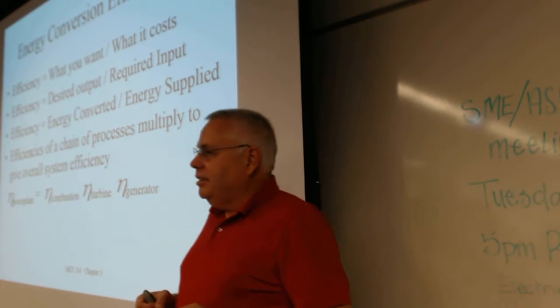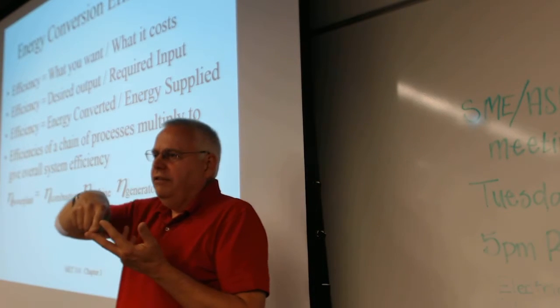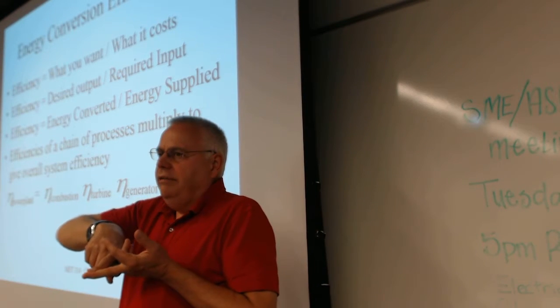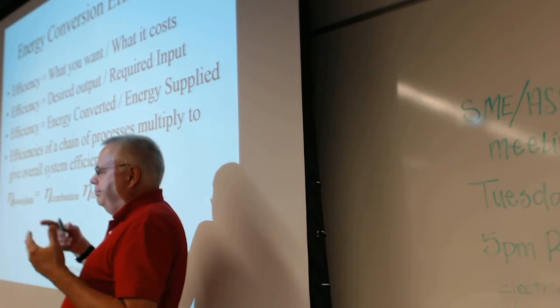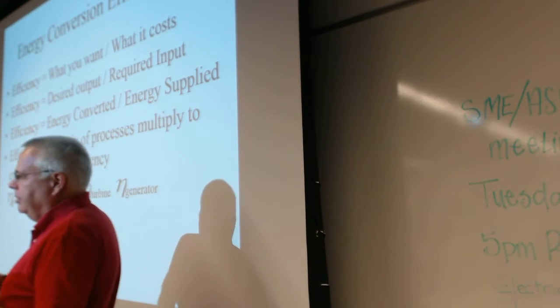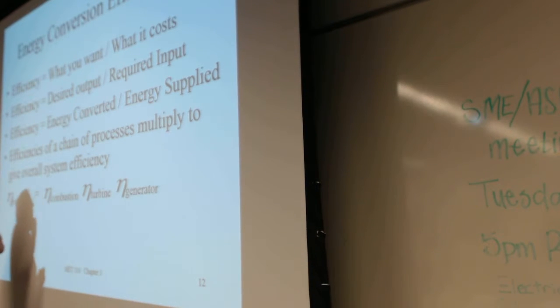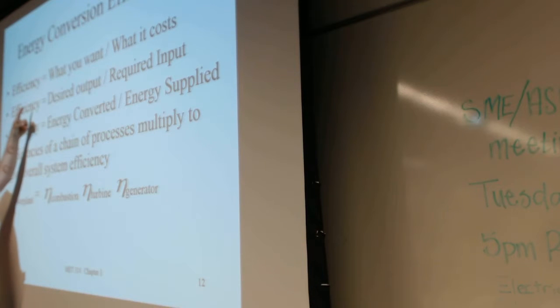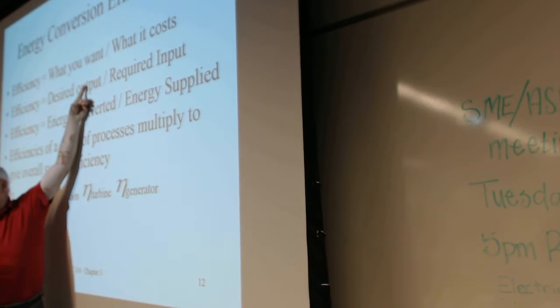The efficiency of a system. We can talk in terms of efficiency of a system, or we can talk in efficiency of an individual thing, the turbine, the compressor. But what I like is this is always true. What is efficiency? What is it that you want? What useful thing is being done?